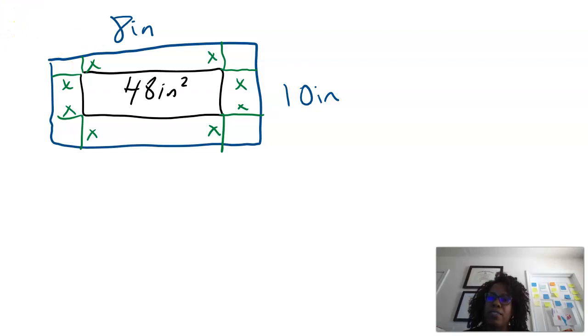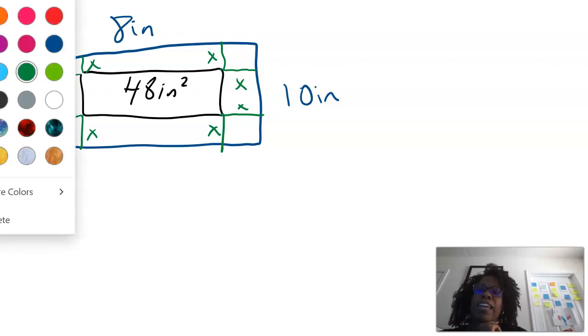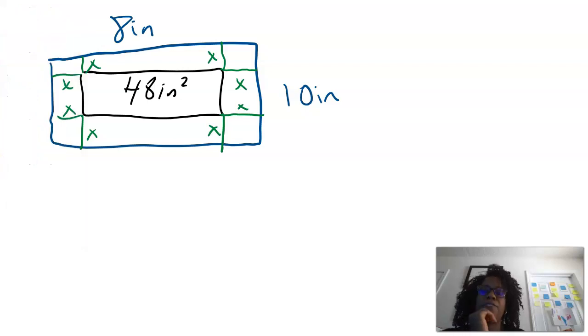So we want to figure out this unknown. We know we have a rectangular shape, and we're given the area of the glass. So let's see how we could find the area of the glass.